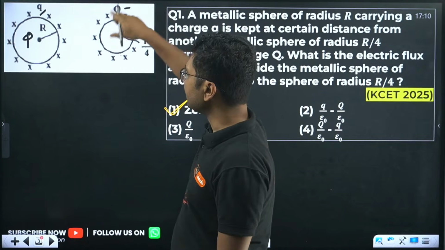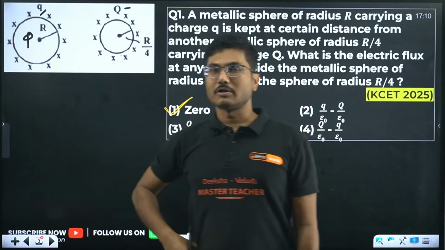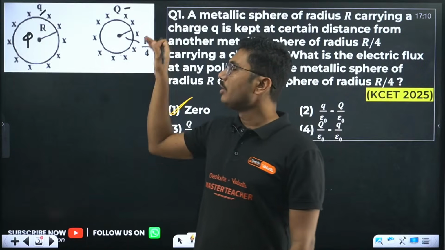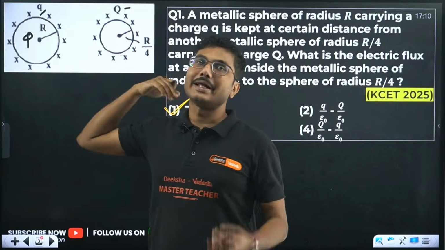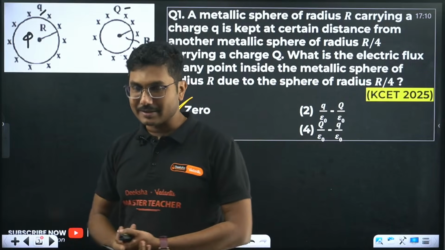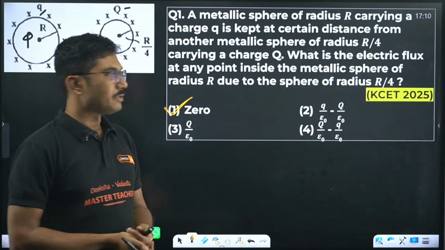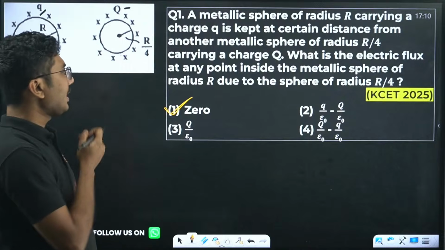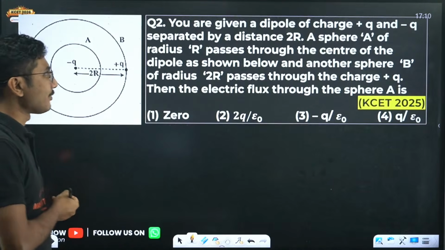Because of any charge situated outside, Gauss's law says that the electric flux will be 0, and a metallic sphere does not have any net flux inside it, so the flux will be 0 inside. Okay, now let's move on to the next question.